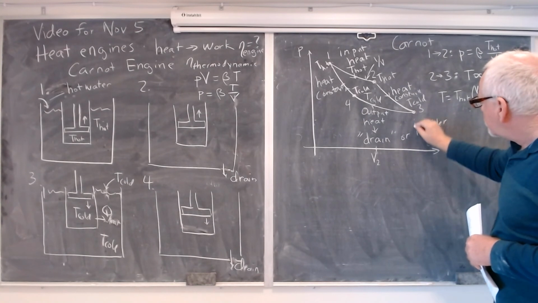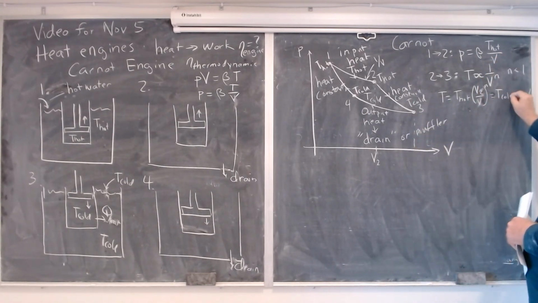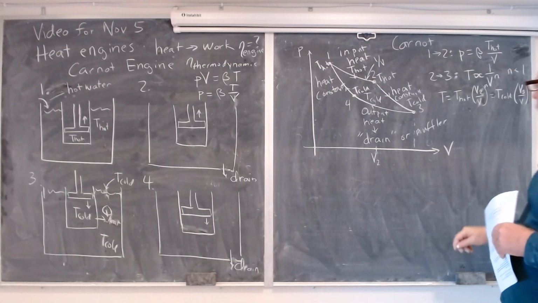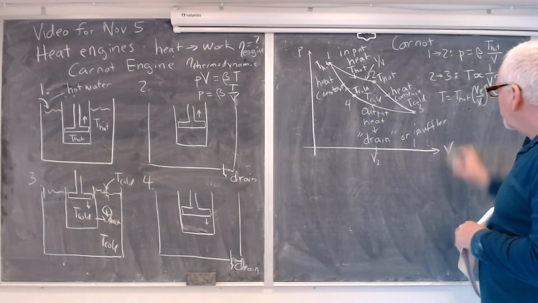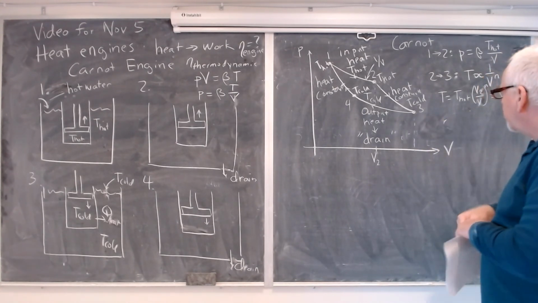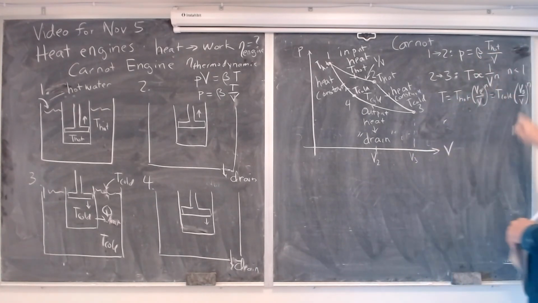But it's also equal to T cold V3 over V to the n, because at V3, at that point, it's equal to T cold.